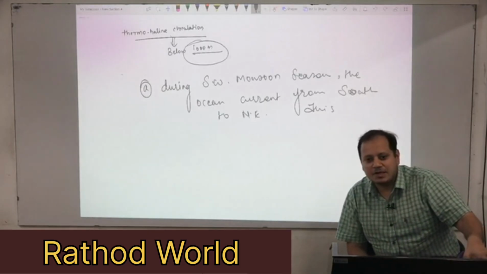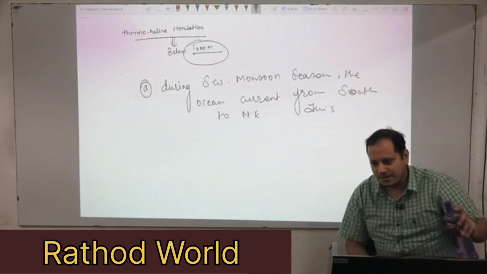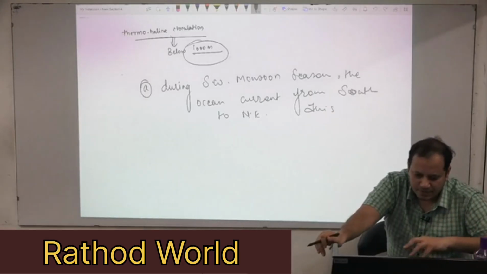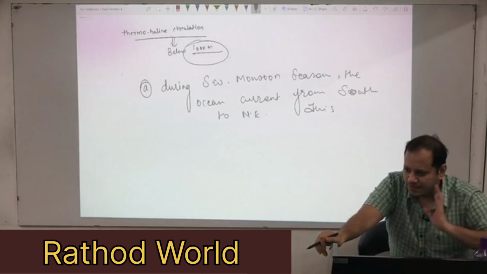And here the summer diagram should come. After this point, there should be the summer diagram, the absence of counter equatorial current, what we have drawn yesterday.